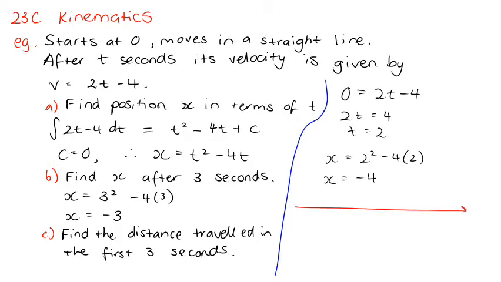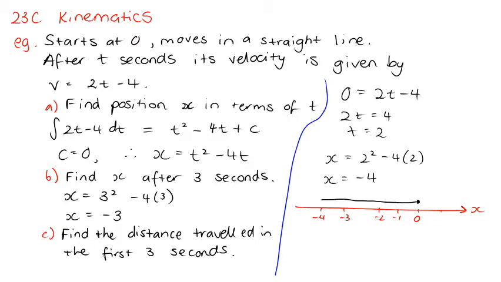So if we draw a little graph, start at 0 here, then -1, -2, -3, -4. The position starts at 0, and then at t equals 2 it's at -4.